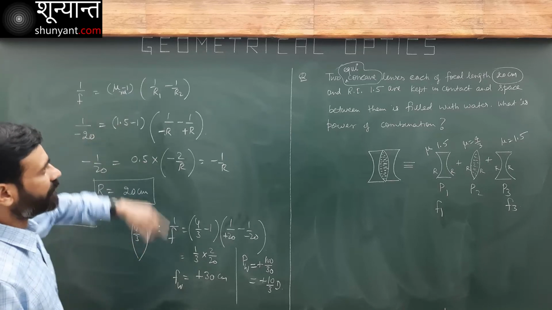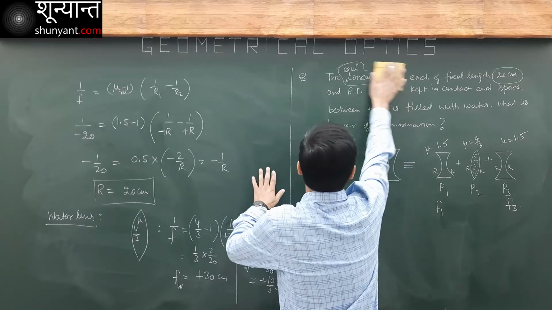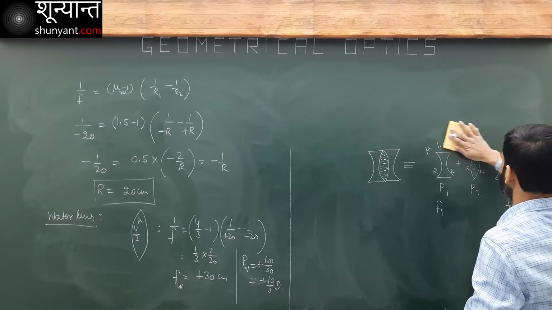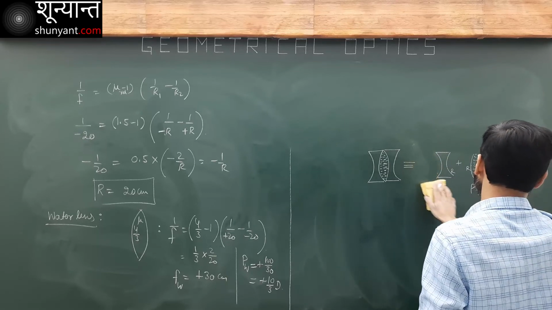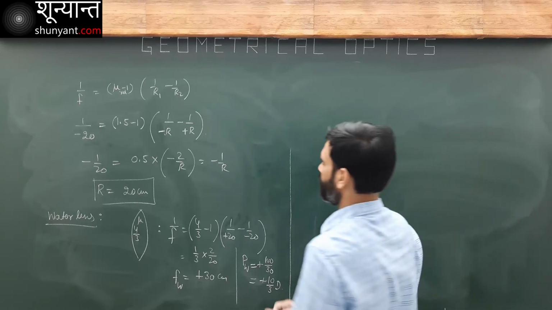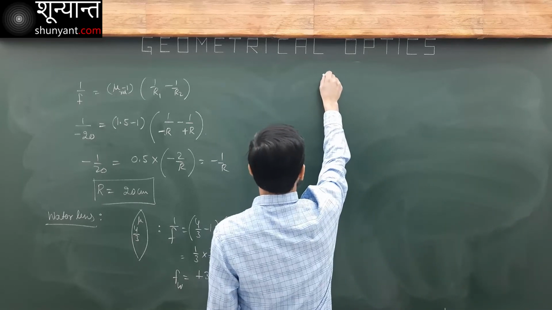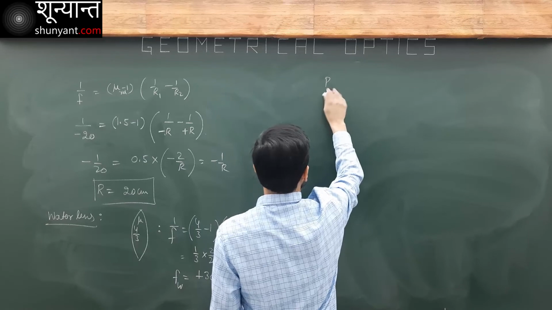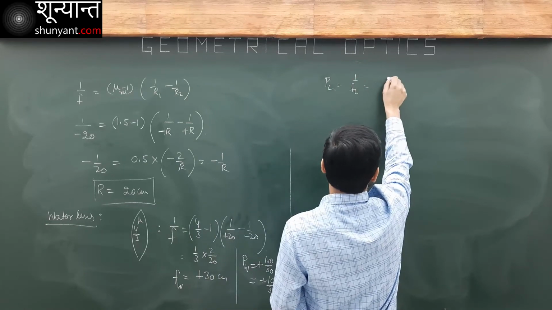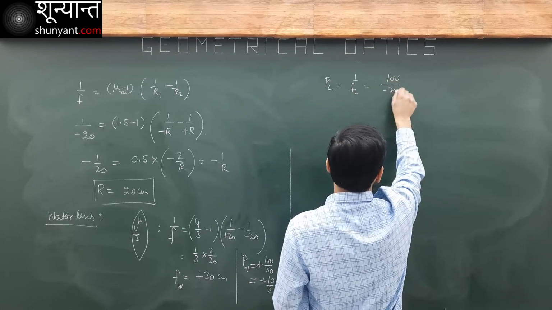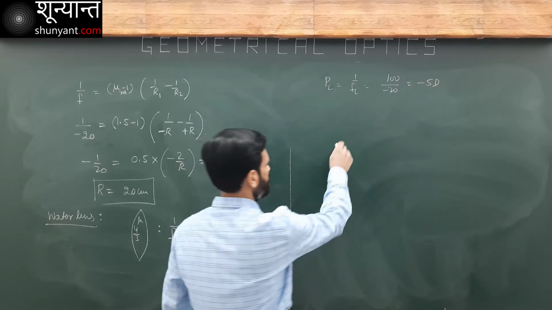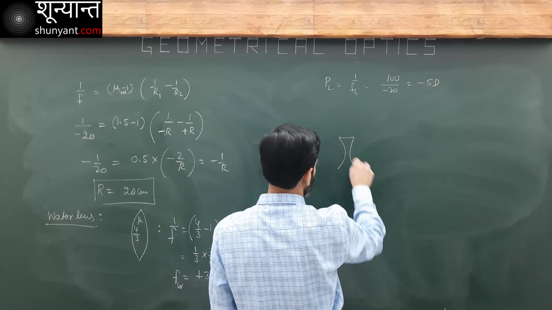Now forget about all this, it is not required now. The power of the lens is 1 over focal length of the lens. This is 100 over minus 20, so minus 5 diopter, for this concave lens.